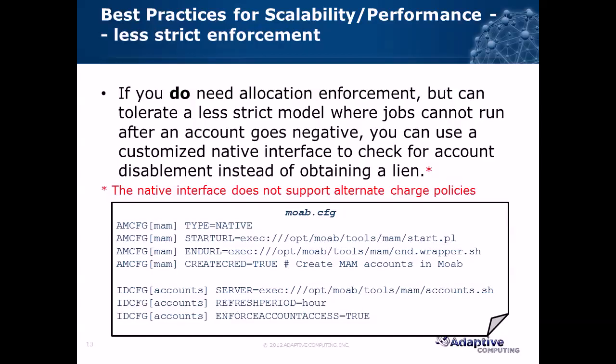So this is going to import the users that belong to the accounts, what default accounts the users have. It's going to import all that into Moab. You'll see that through the various mdiag commands that way. And this flag right here, enforce account access equals true, will make Moab enforce the fact that this user can only submit to the following projects. This will run every hour, and it will update that script.